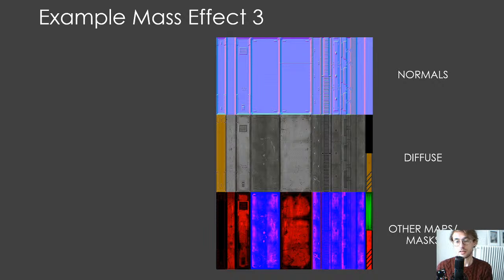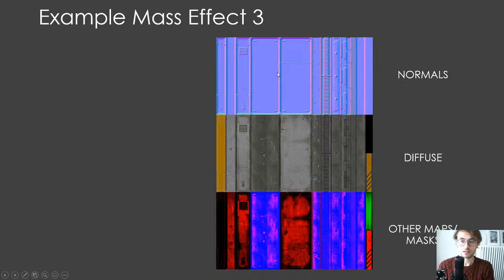So here they have their diffuse maps, and then these are, I think, the specular map. Here they do add in the scratches and the little things, but they just reuse these panels, these bits, these details over and over again, which is the main thing of a trim texture.